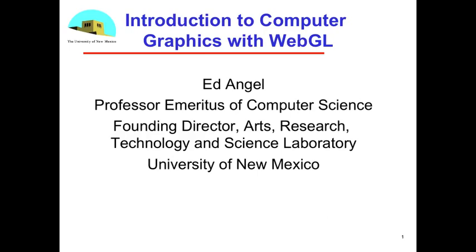Today we're going to look at classical viewing, and that'll get us into a longer discussion over the rest of this week, next week, about how we do viewing using the synthetic camera model.